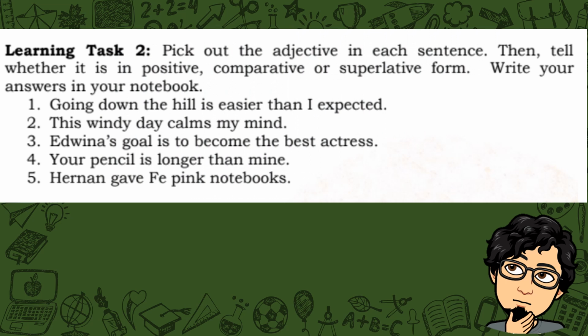Learning Task 2 on page 21. Pick out the adjective in each sentence, then tell whether it is in positive, comparative, or superlative form. For example, going down the hill is easier than I expected. The adjective here is easier, and it is in comparative form.